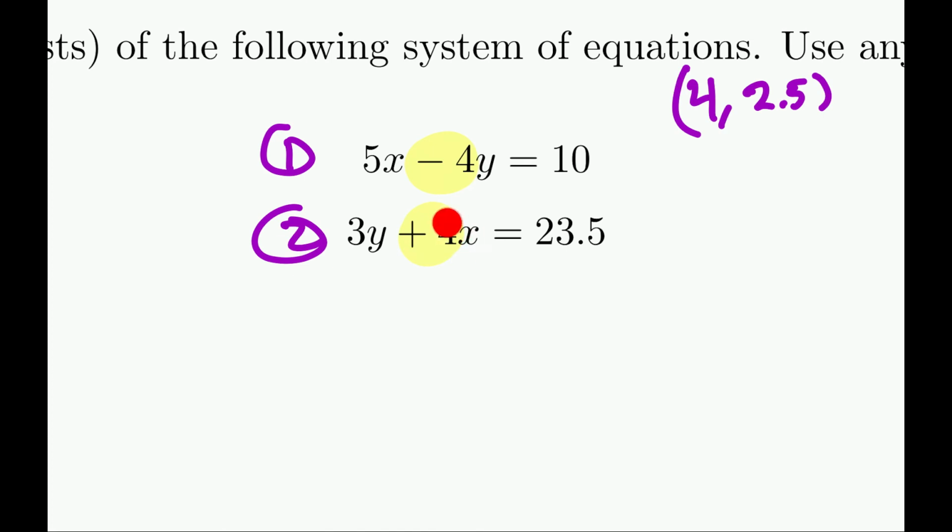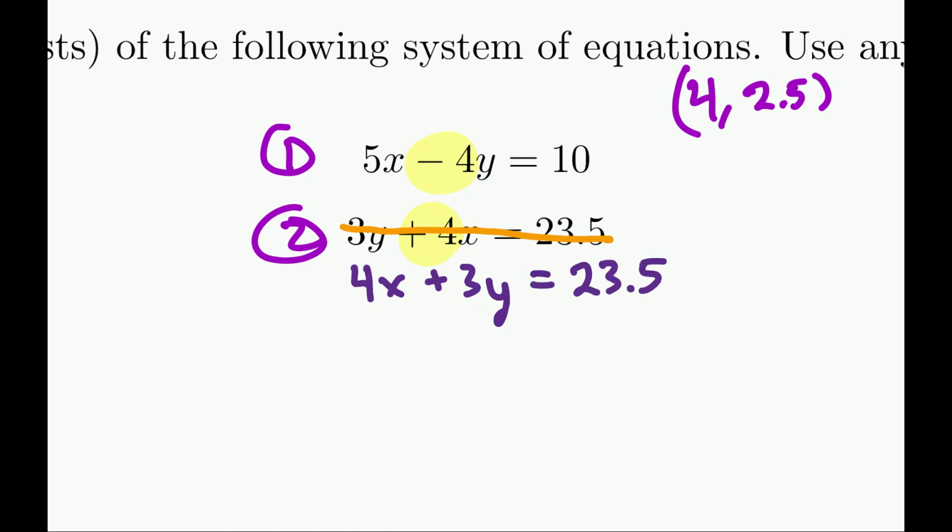So first of all, one thing to do is don't write it this way. Let me just rewrite this. So this is not wrong, but I don't like writing it this way. I'm going to need it written so that it lines up with the other one. So I should write the 4x first and then plus 3y. And then equals 23.5, just so it matches the other one.